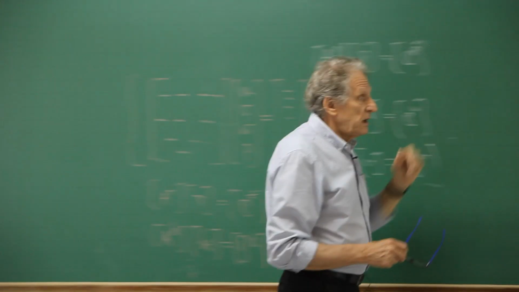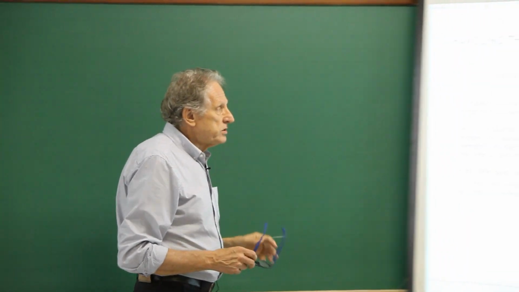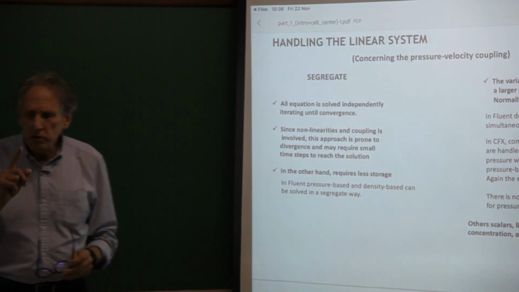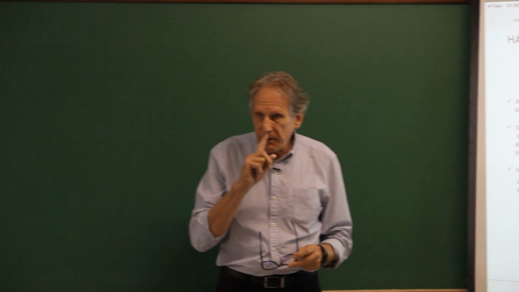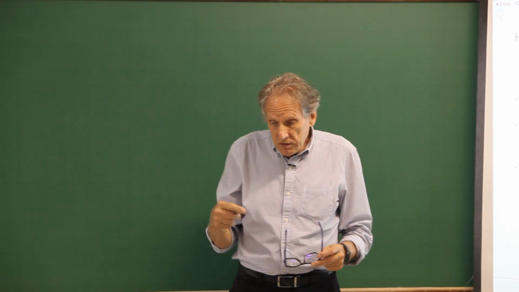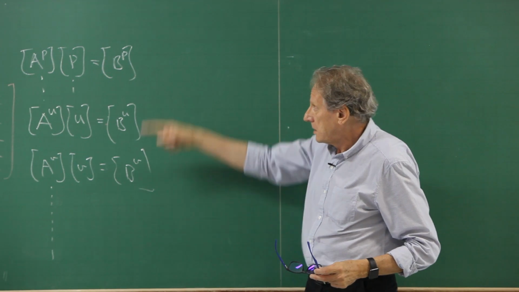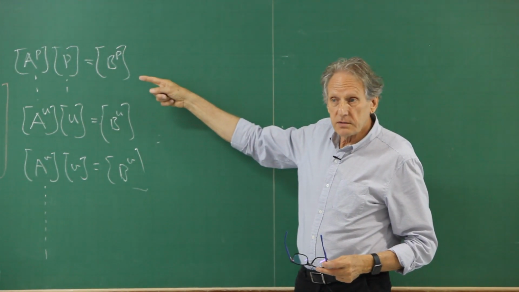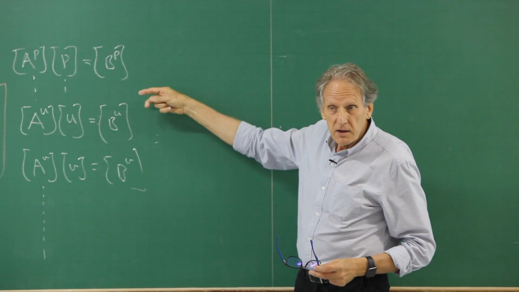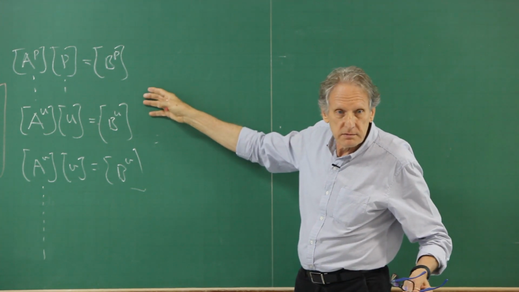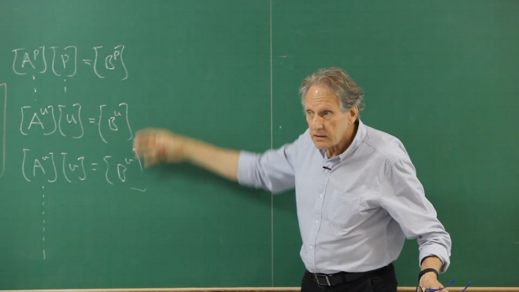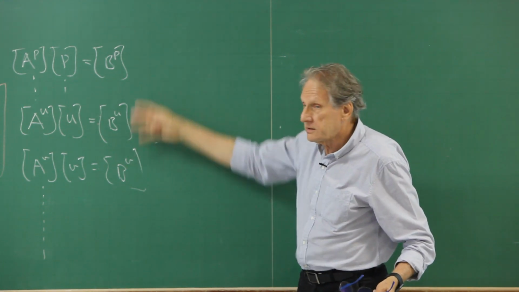And then this is the simultaneous solution. I prefer to call it simultaneous and not coupled because when you solve this one, at the end of the simulation, you solve the coupling. Am I right? The coupling is solved when you do all that.